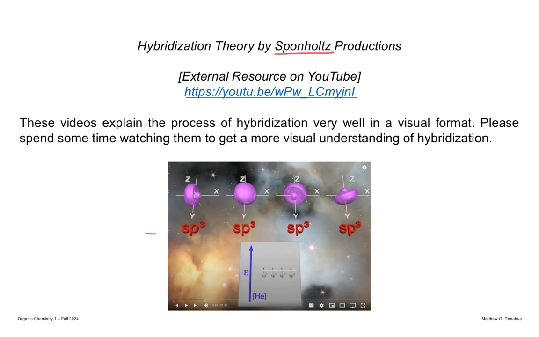And that's what we see here. And they have some nice animations for it that can better explain things than I can with just static drawings. It's very visual. They'll show electrons moving, the orbitals forming, and then how they form bonds and molecules. So that's worth your time watching as well.